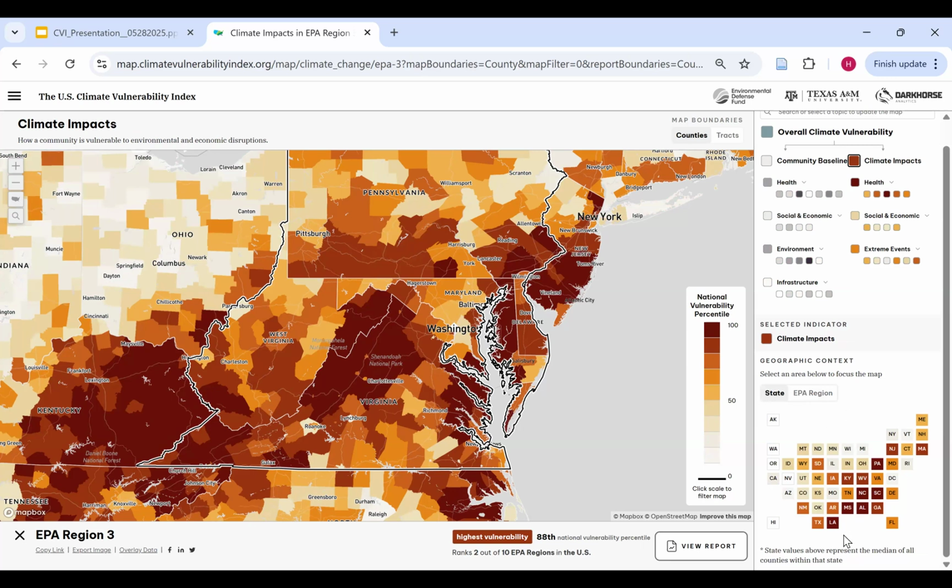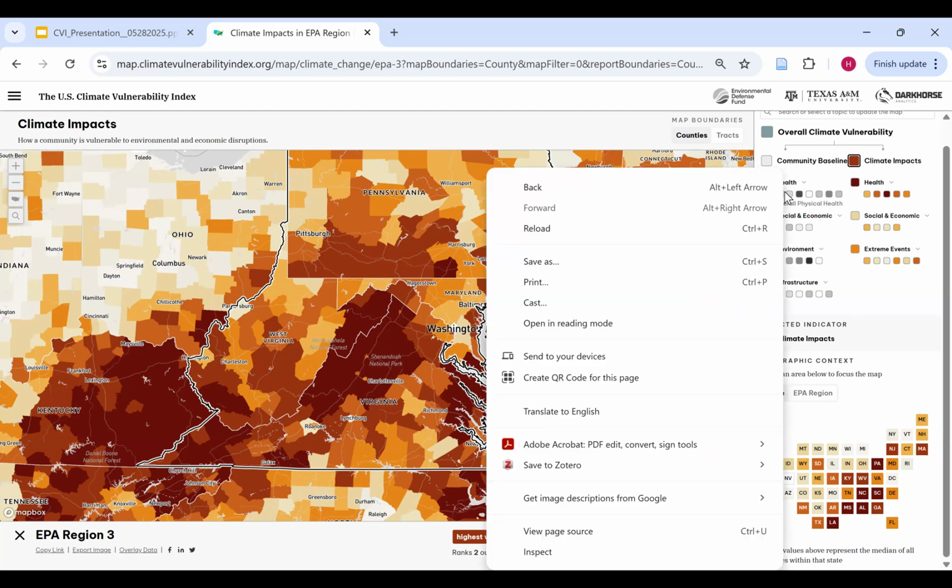Which state is the highest in terms of climate impact? Louisiana, Mississippi, Alabama, North Carolina, South Carolina, and Pennsylvania are highly affected. At the same time, you can also check which indicators or subcategories of indicators are highly affecting your area. You can click, for example, here.